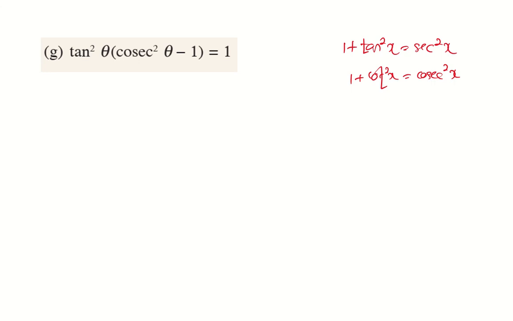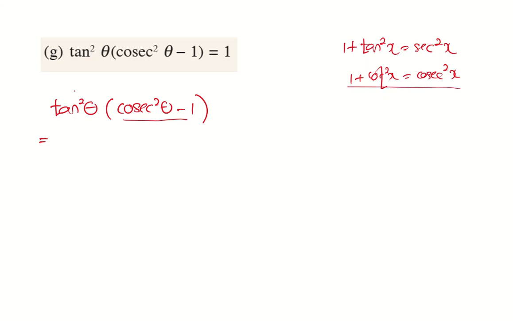Tangent square theta times cosecant square theta minus 1 equals to, okay, cosecant square minus 1.